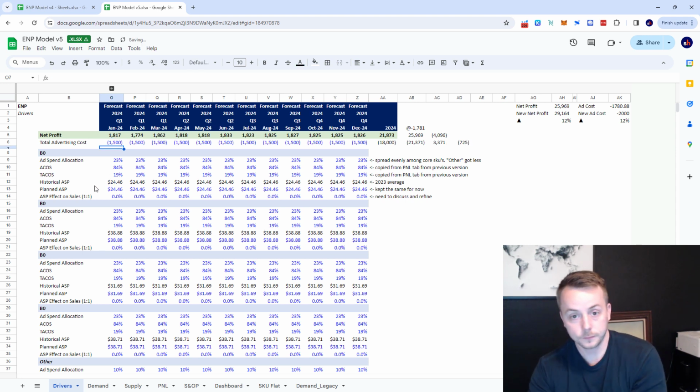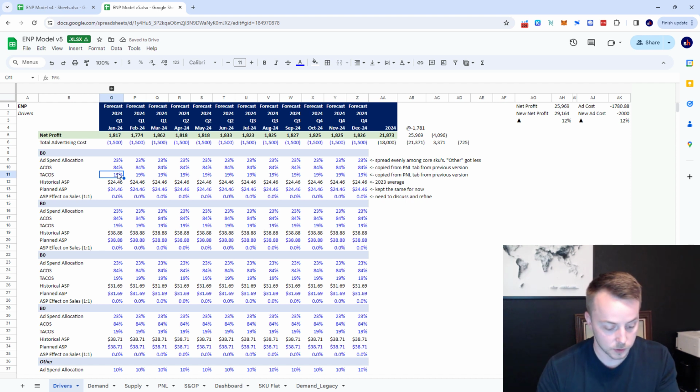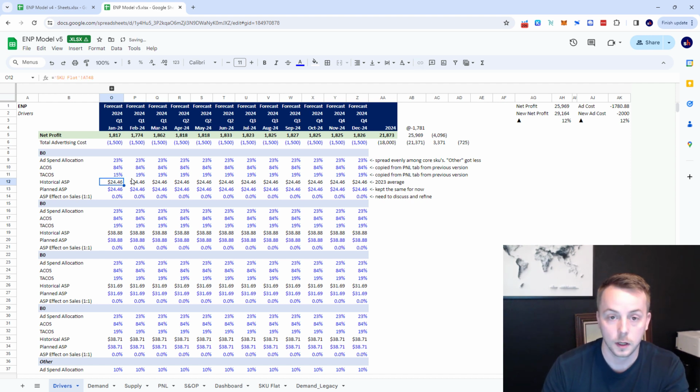And here's our efficiency metrics. We were using 15%. So we do that. Okay, so there's the profit number that it would estimate. And here's the historic average sale price.